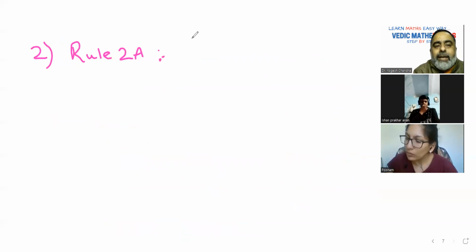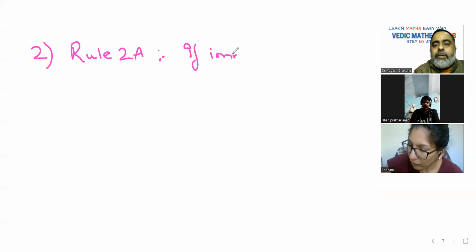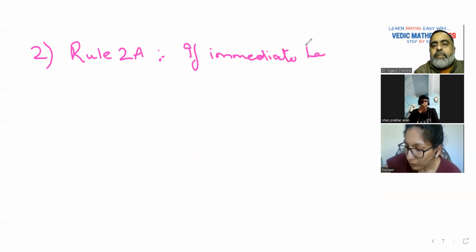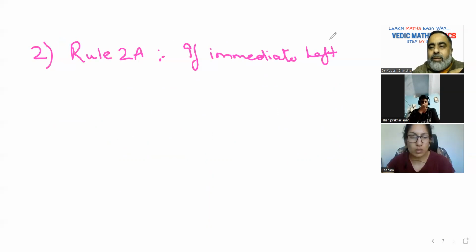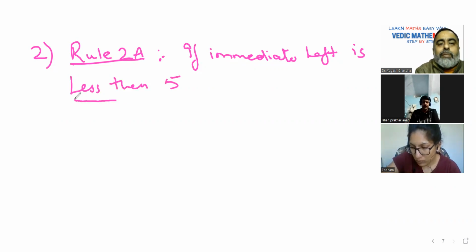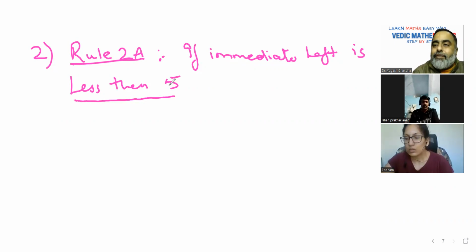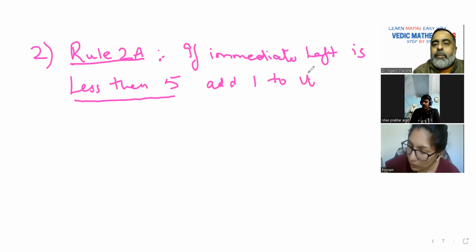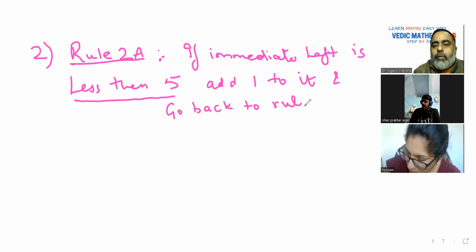Rule number 2A says if the immediate left of the unit place, moving towards the left side, is less than 5 (I'm writing less than 5; there it was greater than 5, here it is less than 5, so it will not include 5), add 1 to it and go back to rule 1.